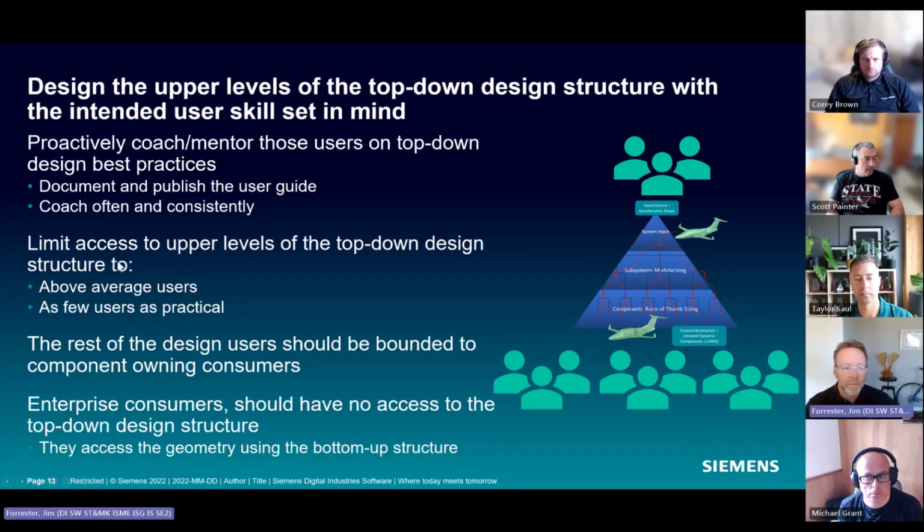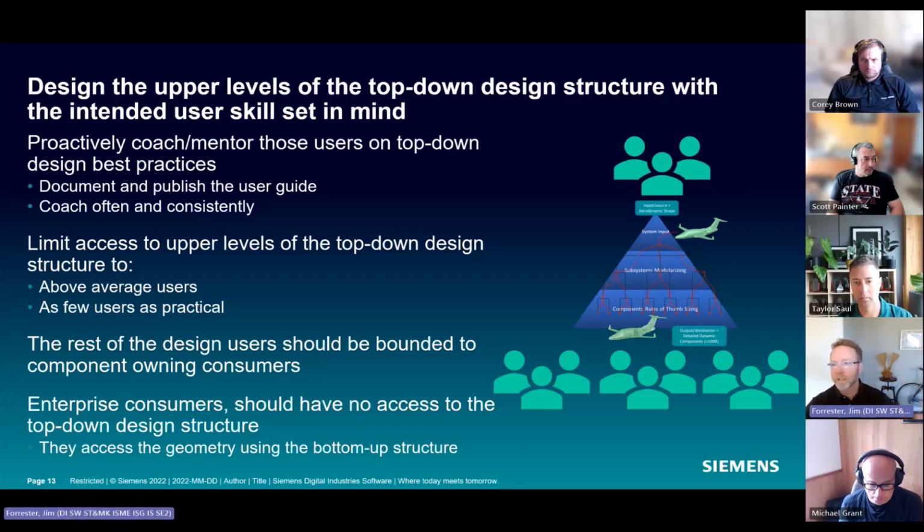I find it's best to limit access to the upper levels of the top-down design structure to a few of your most skilled SME users. The rest of the users should be bounded to being component owners below. Enterprise consumers, supply chain, whatever they are, they should have no access to the top-down design structure. In fact, they shouldn't even know about it.